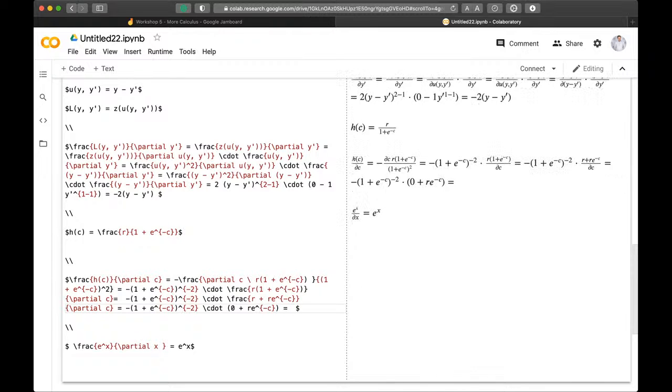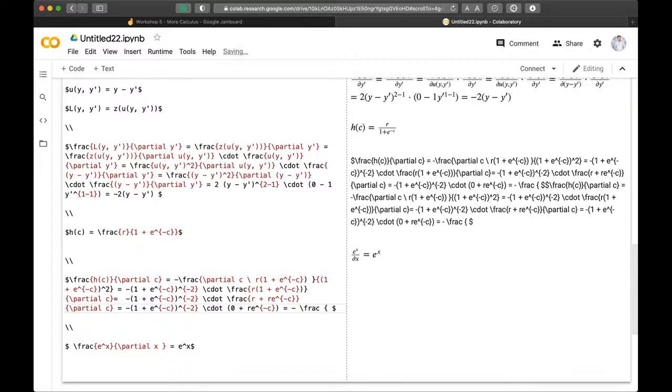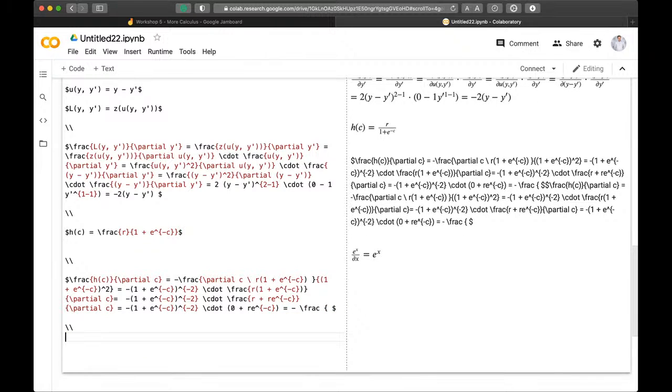So okay, rewrite it the last time. So minus fraction. I will delete this last part so it doesn't confuse you. So in the top we have this part, right?